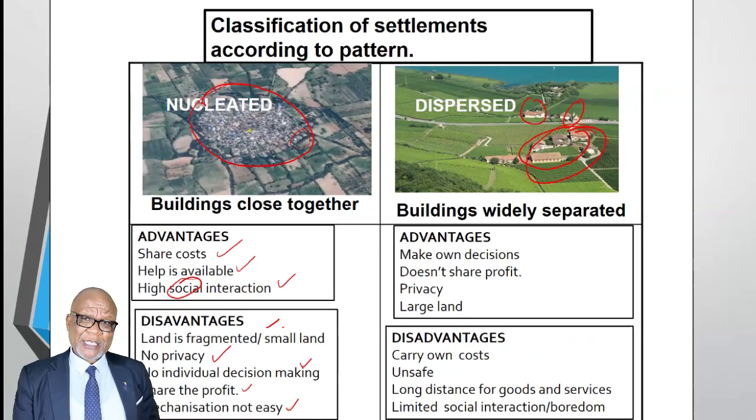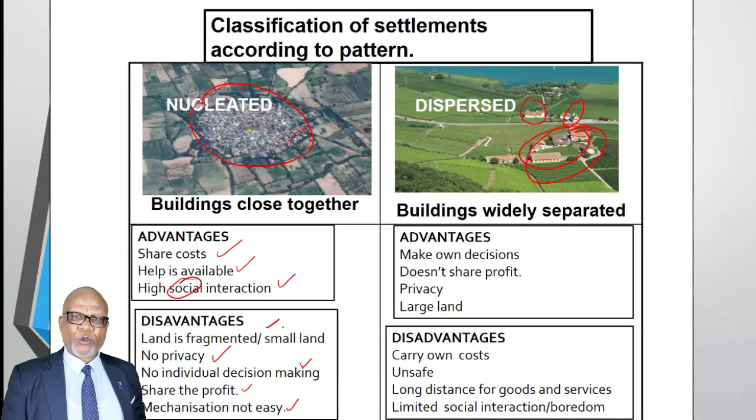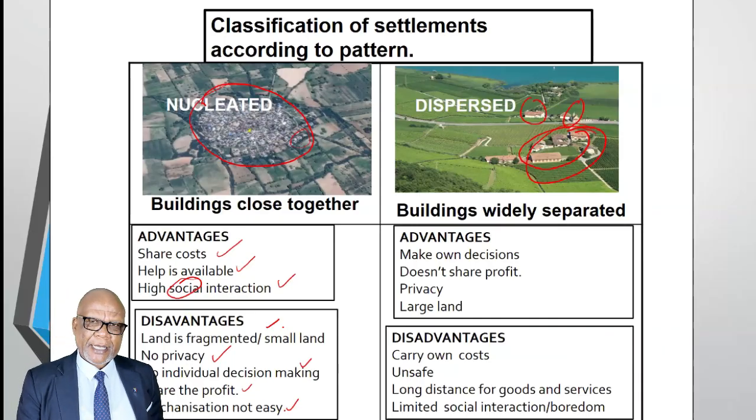Mechanization is not easy. It is social, but you can add to it to make it economic and say mechanization is not easy and therefore you are going to produce less, and with less production there's going to be less profit.